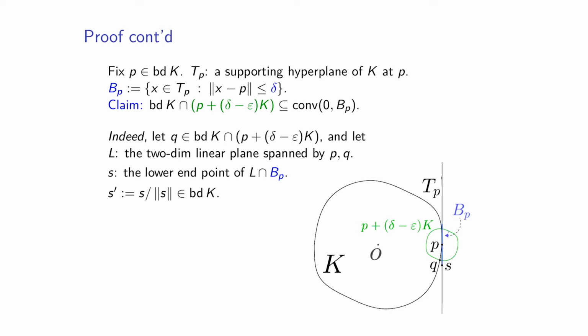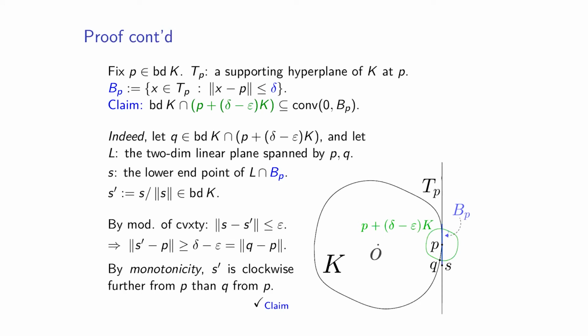First of all, I intersect the whole picture with the two-dimensional plane spanned by P, Q and the origin, so what you see is really the full picture. What I didn't draw, again because of lack of space, is S prime, which you get by centrally projecting S to the unit ball from the origin, so just normalize S. Now it's on that arc. Since I'm running out of time, I will skip some detail here.